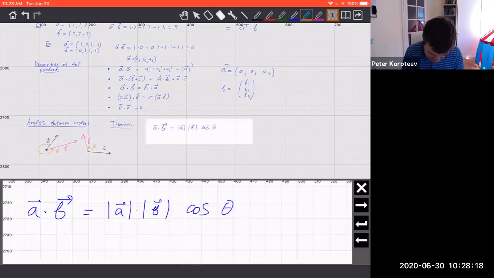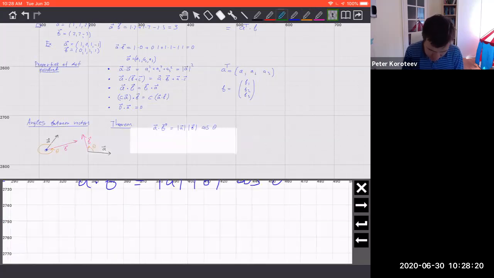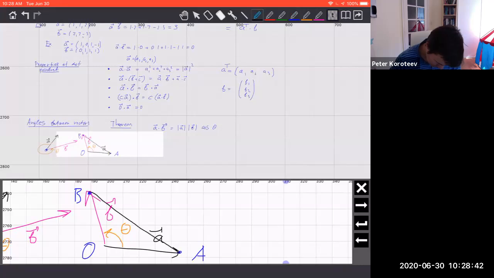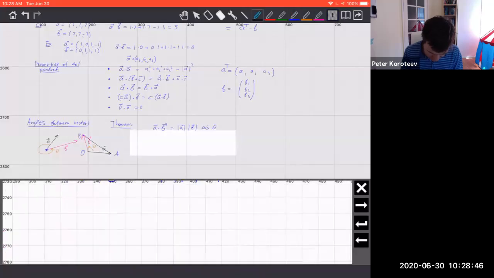So let's prove the theorem, right? Let me draw it and complete the triangle. Say we move everything to the origin of the coordinate system, and then this is point A and point B. I believe you know this formula from grade school.